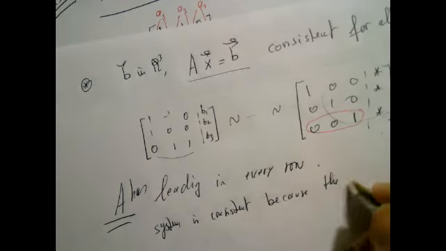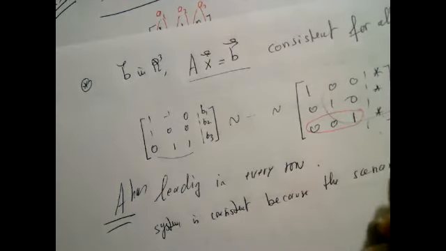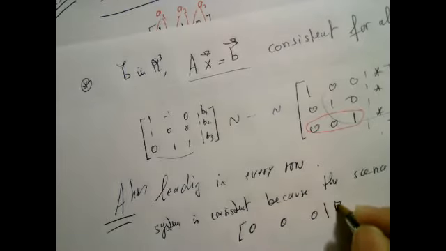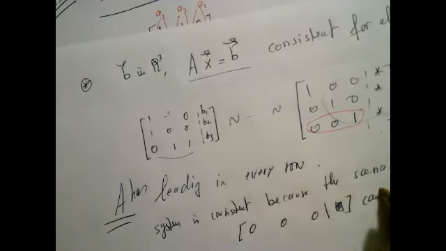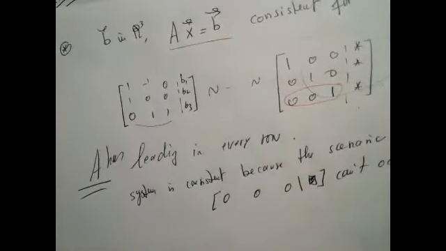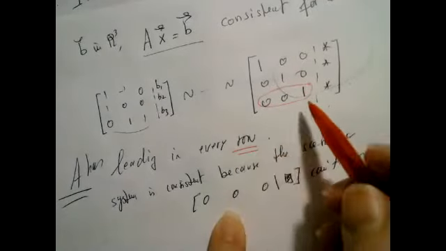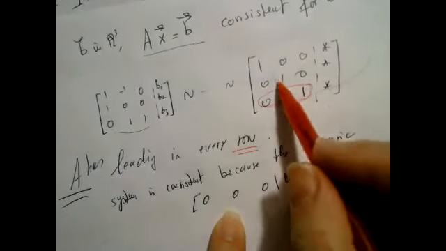the following scenario, 0, 0, 0, non-zero, can't occur. There is no way I can have this scenario. Why? Because I have a pivot in every row, not column. I have a pivot in this row, in here and here.